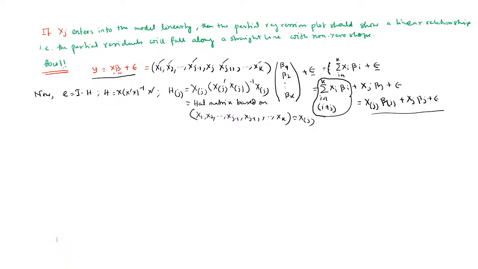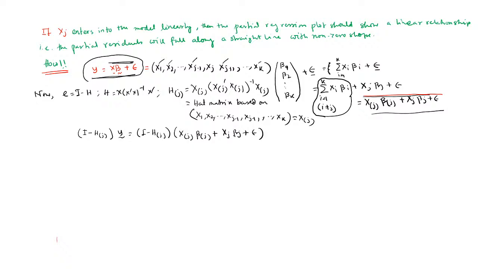Now, if I pre-multiply this y equal to X beta plus epsilon by I minus H(j) on both sides, we get, and instead of this part I use this part, then this is equal to X within bracket j beta(j) plus xj beta j plus epsilon.